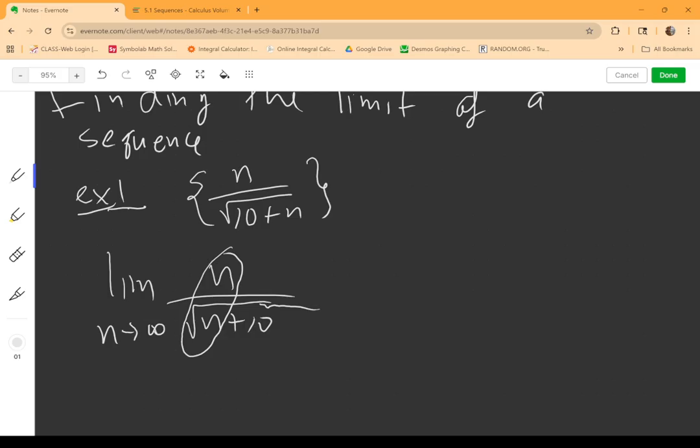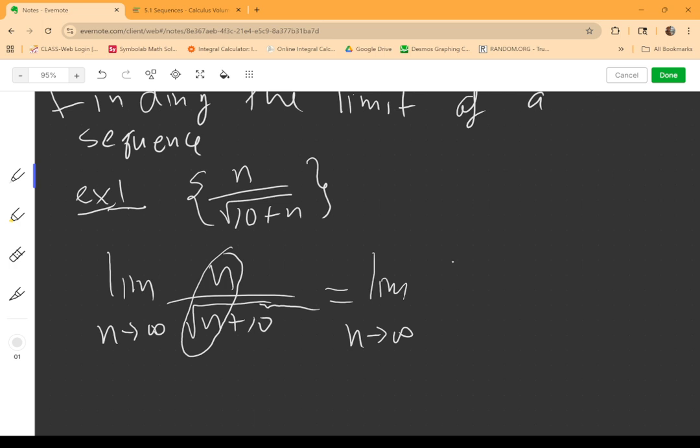The driving forces behind evaluating this limit are going to be what's changing. 10 is always 10, but n is going out towards infinity, a million, a trillion, incredibly large numbers for n. So these are going to dominate in determining what our limit is.